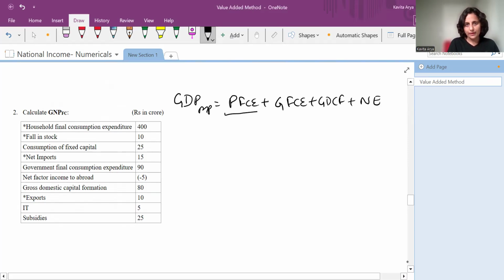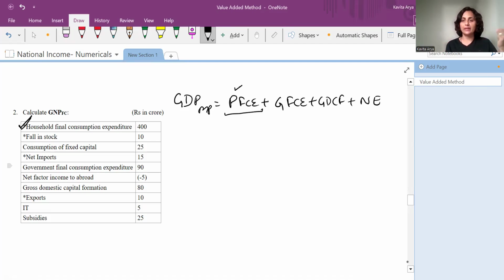I'm not really able to find this component with the same word. It means household is given. Household is the other name for this. But whenever we are looking for household, we should keep in mind there may be another component of non-profit making organizations, right? So here there is no mention of the same. So we'll go for this 400 as private.